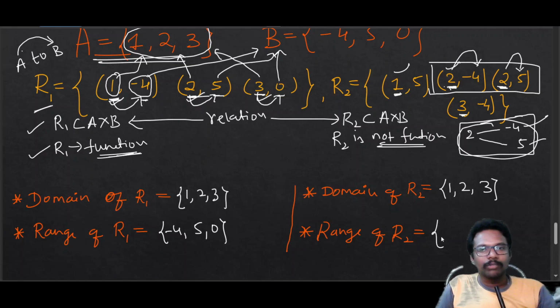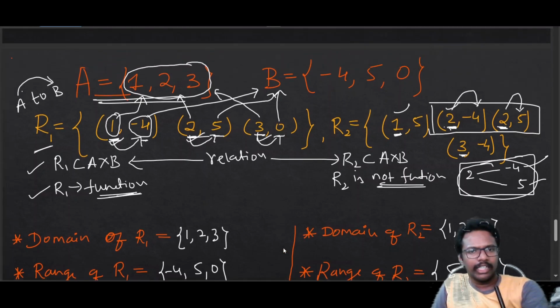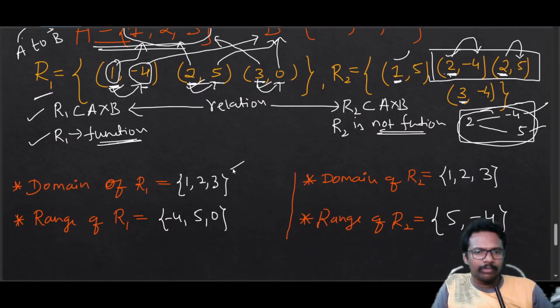So range of R2 means the second elements, 5 and -4. The 0 is not used here, 0 is not used in B. So domain means we are going to check from A, range means we are focusing on B.